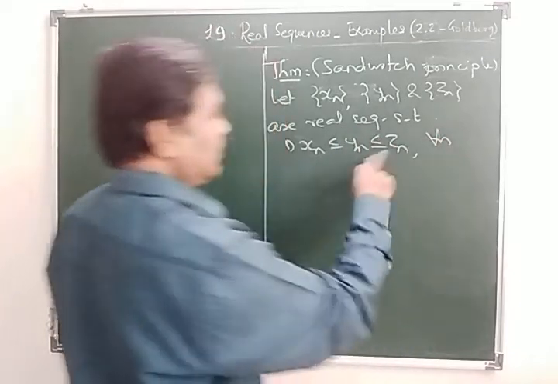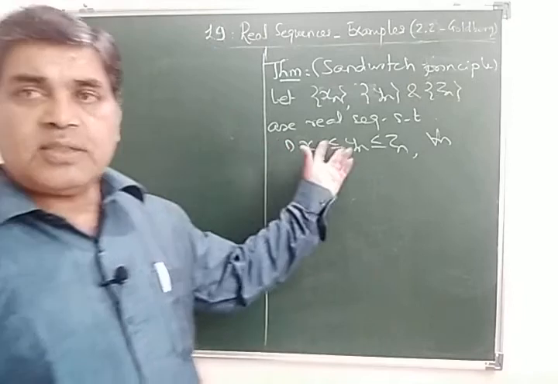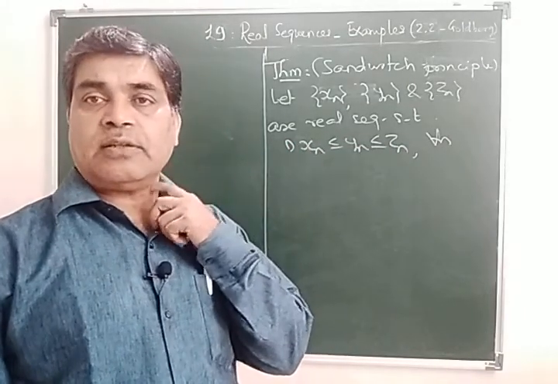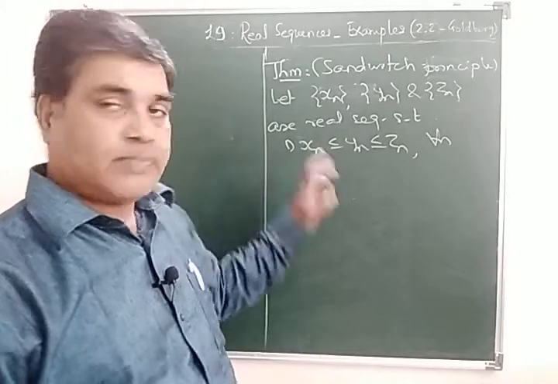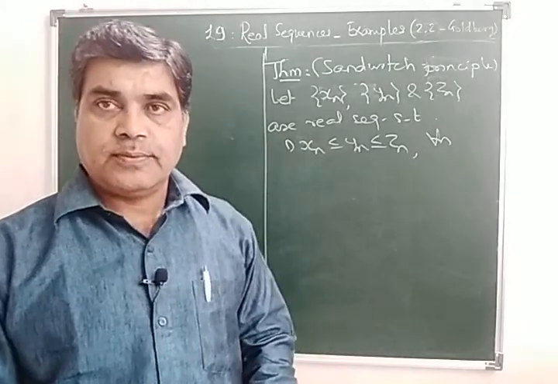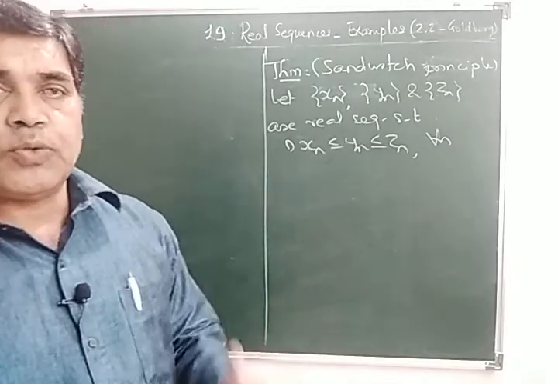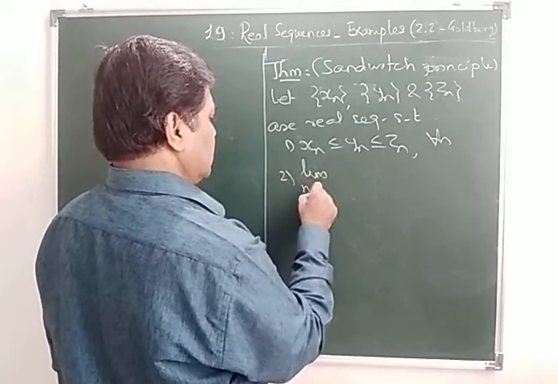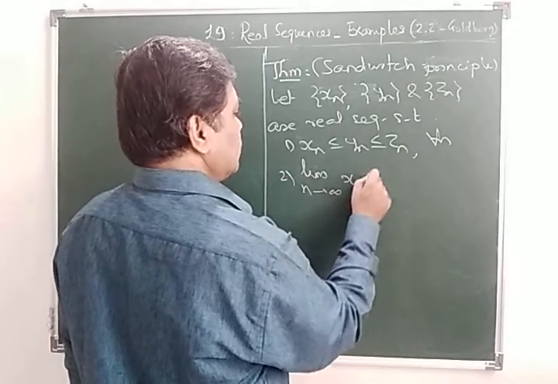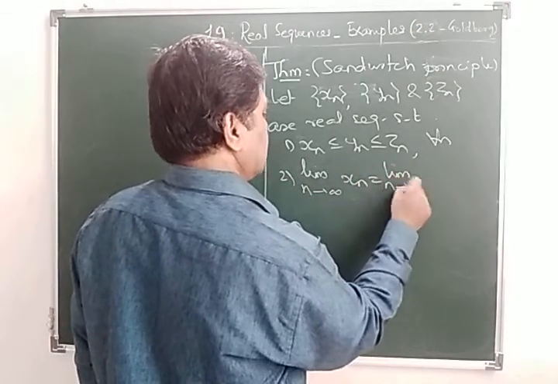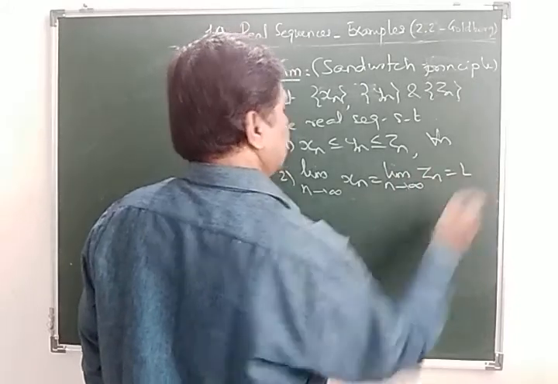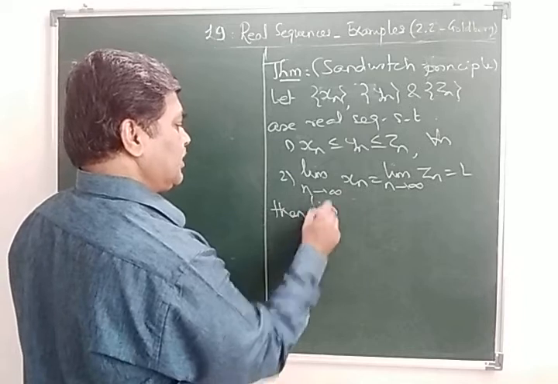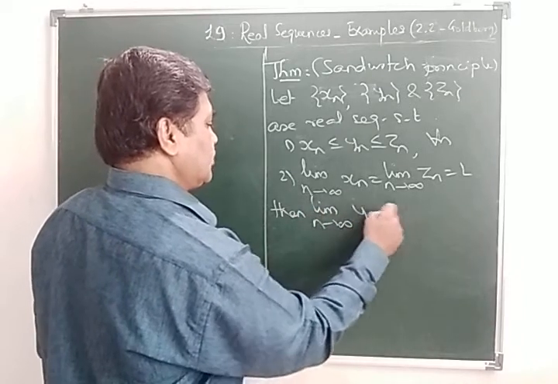In fact, remember here I am taking for all n, but if this relation is maintained after some fixed n naught, means after 1 lakh terms, after 1 crore terms, if this relation is maintained, the result is true. But for proving, we are assuming it holds for all n. And second, the limit of Xn is equal to the limit of Zn is L. Then the limit of the middle sequence, the limit as n tends to infinity of Yn, is also L.